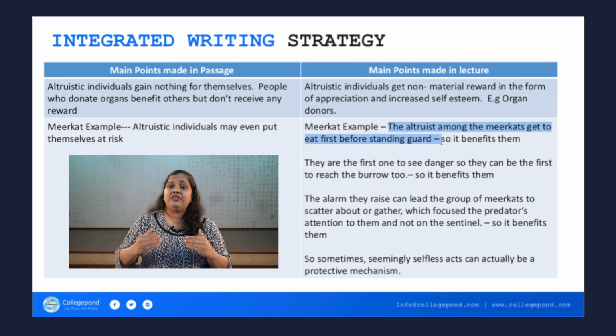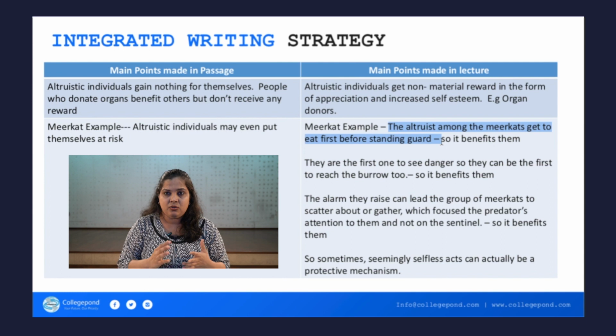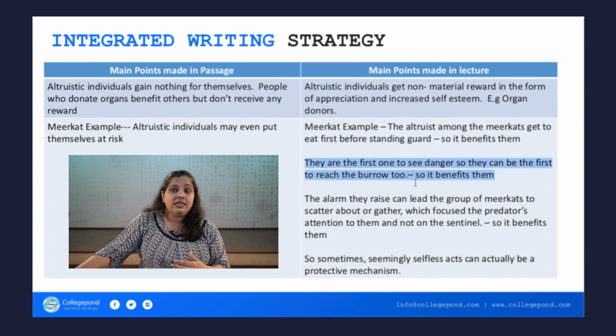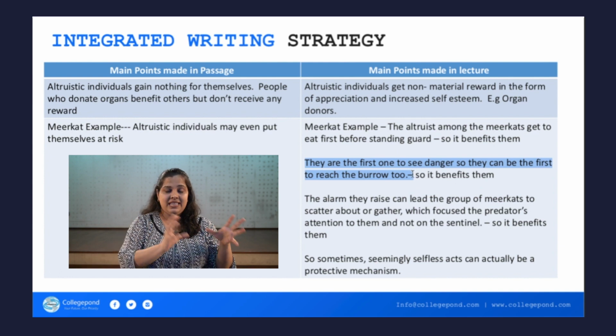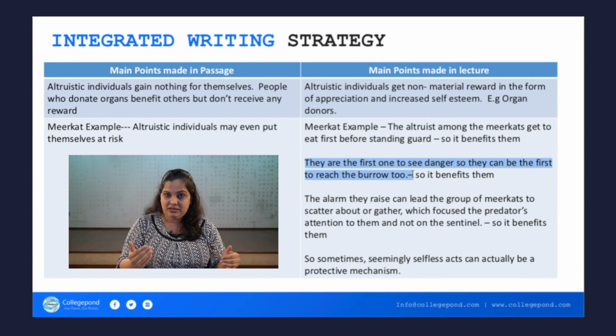Now here the lecturer is giving us some additional points or additional data which we didn't know before. So she says that these people actually get to eat first because they are the guards, so it benefits them. They are the first ones to see danger, so they can actually escape first. What these sentinel meerkats do is they just raise the alarm and then they go into their burrows.